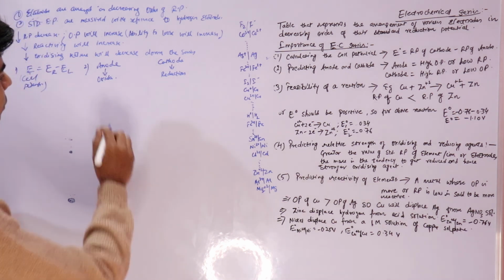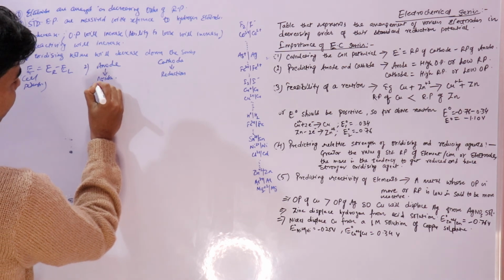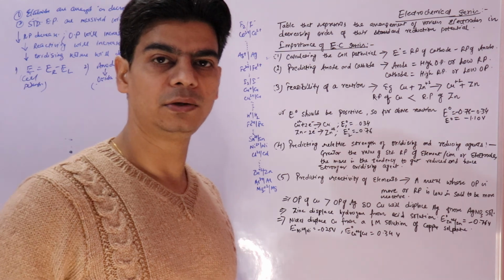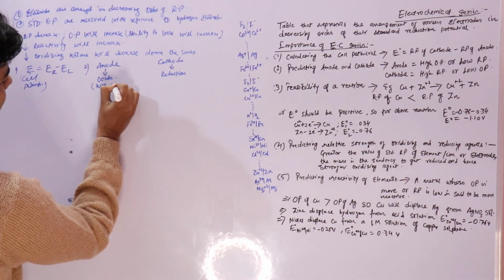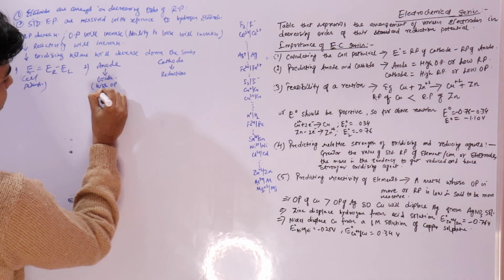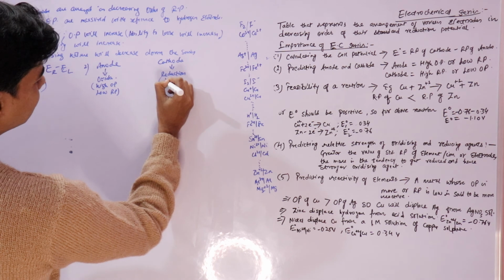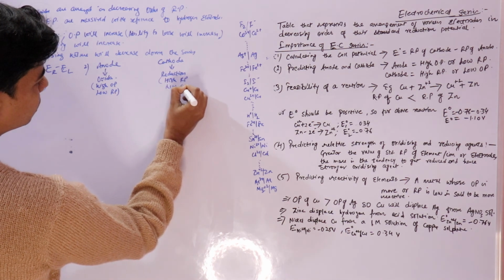Where oxidation occurs, you have a high value of oxidation potential and a low value of reduction potential. So, high oxidation potential or low reduction potential; and where reduction occurs, you have high reduction potential and low oxidation potential.